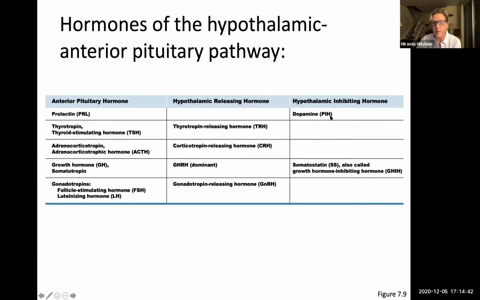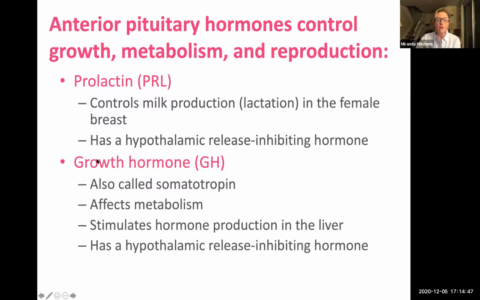We've got dopamine, which inhibits that activity. For growth hormone, this is associated with metabolism, and we're talking about production, stimulates hormone production from the liver, and this is all tied to metabolism.